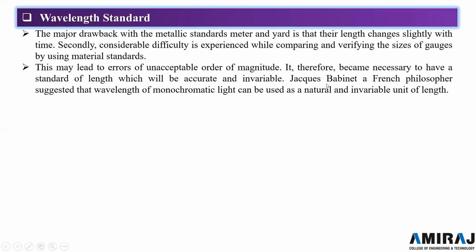Jacques Benoit, a French philosopher, suggested that the wavelength of monochromatic light can be used as a natural and invariable unit of length. So he suggested using monochromatic light, whose wavelength can be used to measure length.